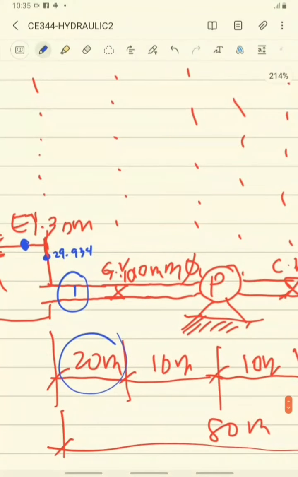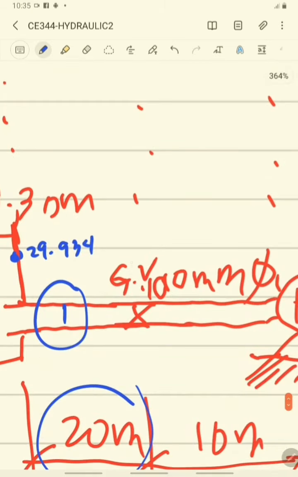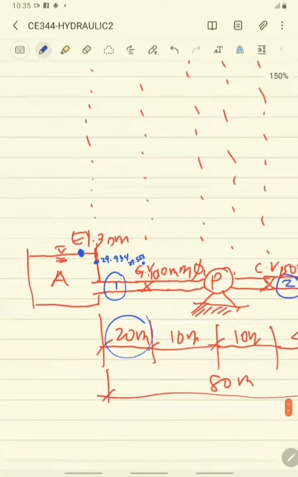So this is not scale. So I hope you can follow. This is not a scaled sketch. 29.553.